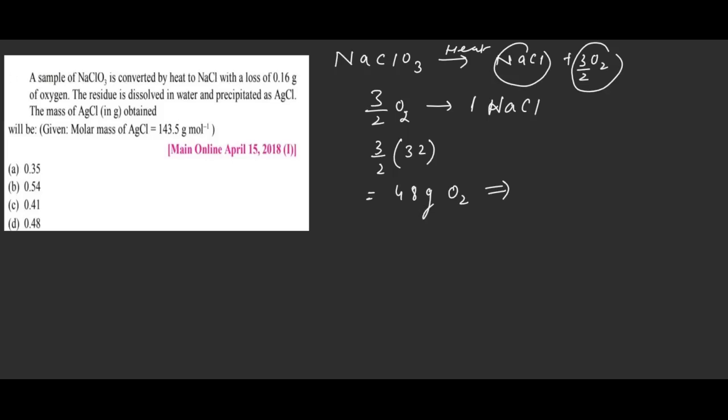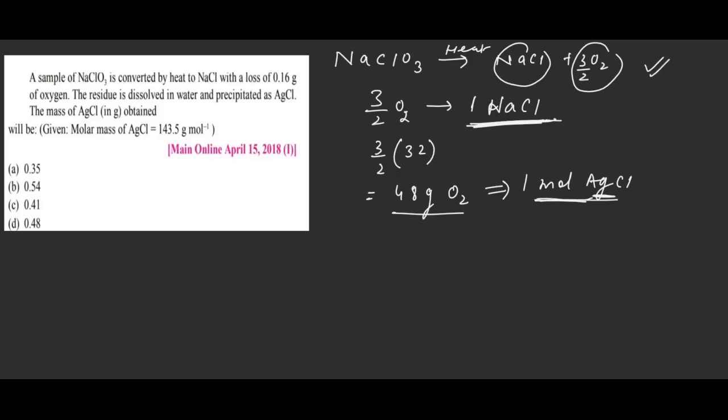So 48 grams of oxygen will give you 1 mole of AgCl, because 1 mole of NaCl means 1 mole of AgCl. Whatever number of chloride ions are generated, the same number of AgCl units will also be precipitated, because AgCl is being precipitated from chloride only. So 48 grams of oxygen is equivalent to 1 mole of AgCl. This is as per the balanced equation.